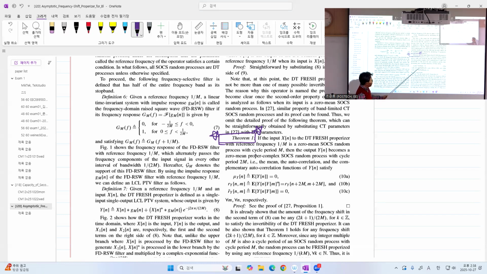But interestingly, the autocorrelation function is periodic, has period 2M, where capital M was the original cycle period. And here your complementary autocorrelation function vanishes. Got it?